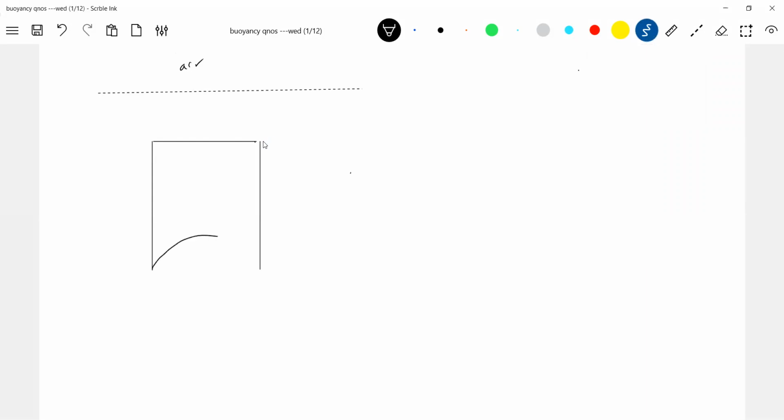I will remove a hemisphere. Everything here is liquid, also this is water. Let this be R, 2R, cylinder of height 3R.